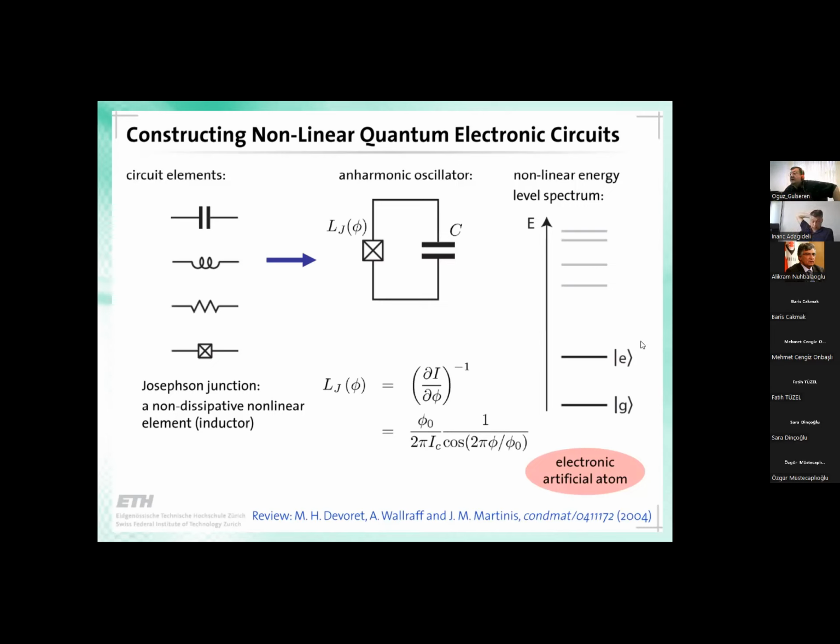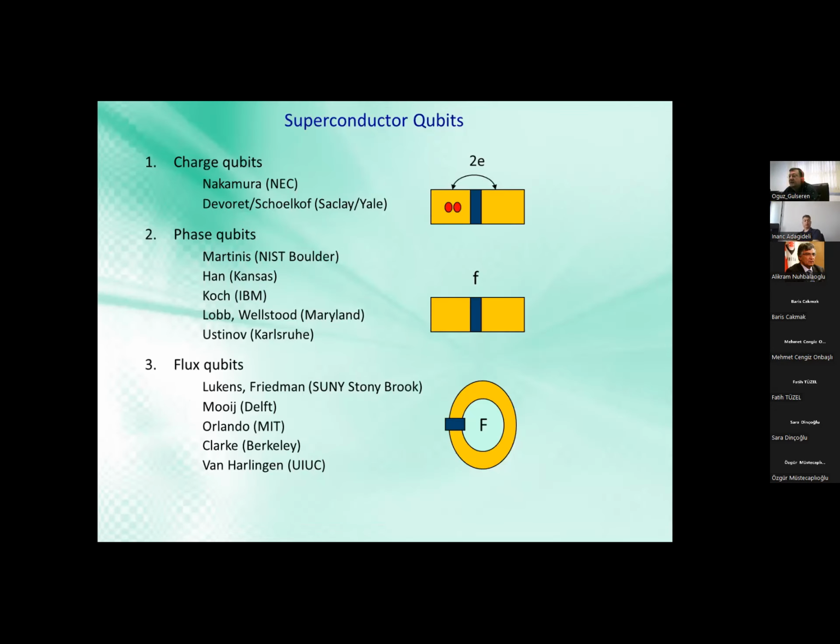Then the level separations are different, so we can isolate the ground state and the excited state, and we can use this as the two-level quantum system. So that's the idea. Based on this Josephson junction, several versions are introduced.